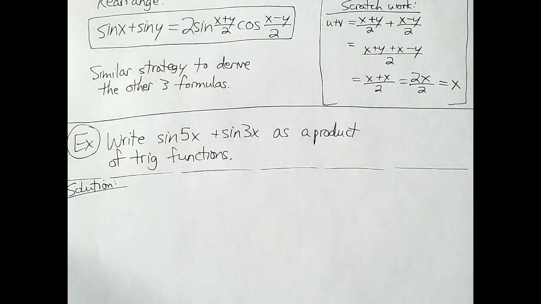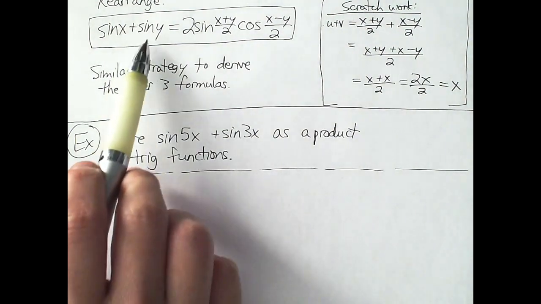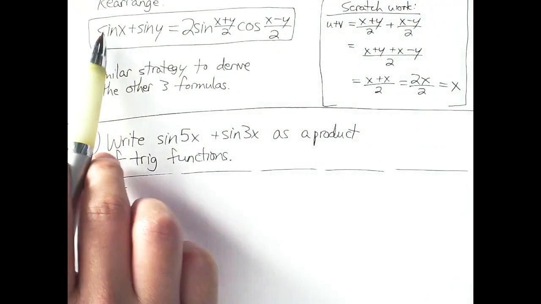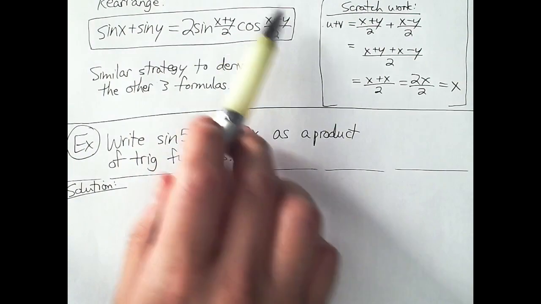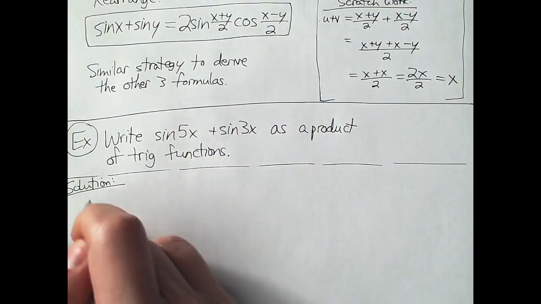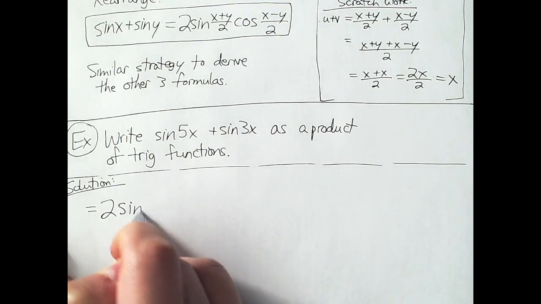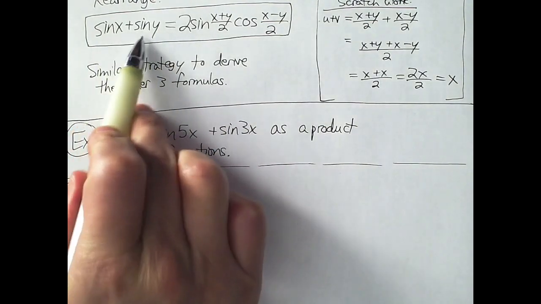All right, what's given to us is definitely a sum of trig function plus trig function. We just wrote a formula above for sine of an angle plus sine of an angle equals a product of 2 trig functions. So that's the formula we're going to use. We're going to say that this equals 2 sine, what's my x and what's my y?